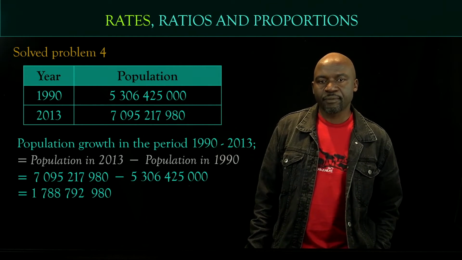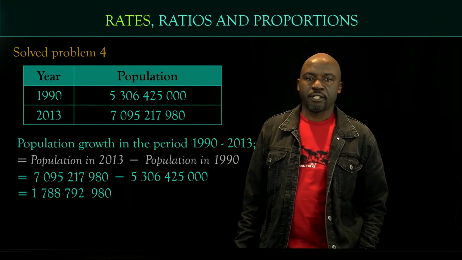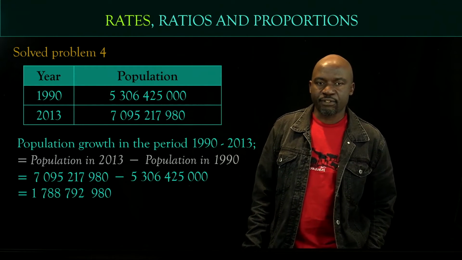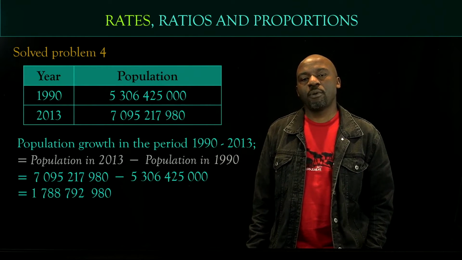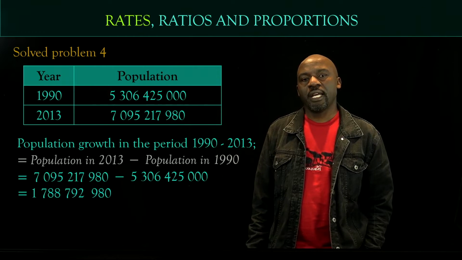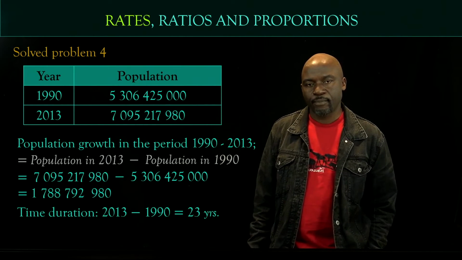Okay, 1,788,792,980. So that's going to be the amount by which the population increased in a time duration which I think is 23 years. Yes. Okay.